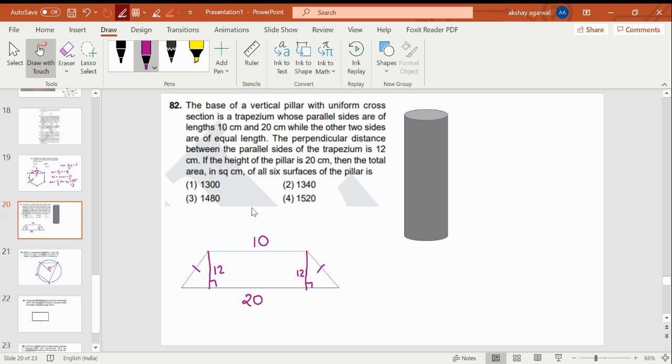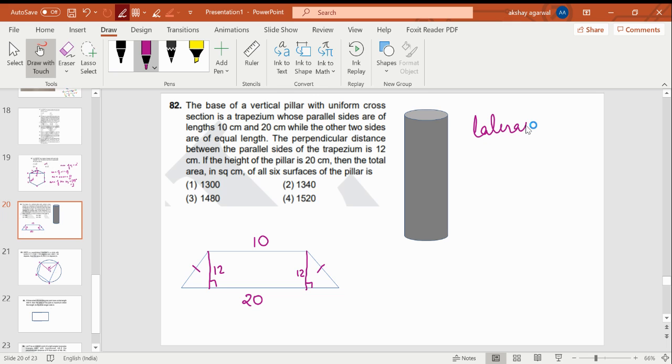So remember when we were doing cylinders, we had discussed a concept called prism. Prism is a concept where the cross sectional area remains the same. While doing this, we had discussed a couple of things. One thing was the lateral surface area, that is, the area of the vertical walls.